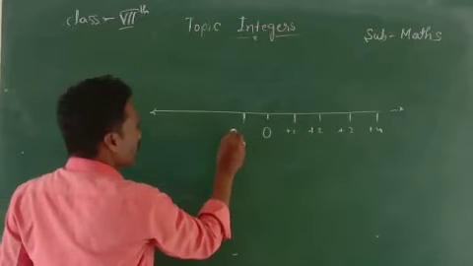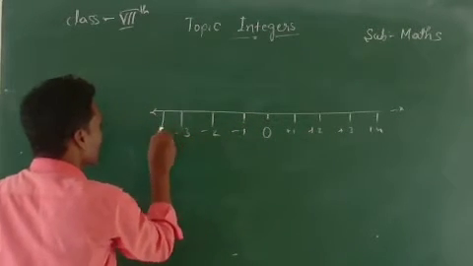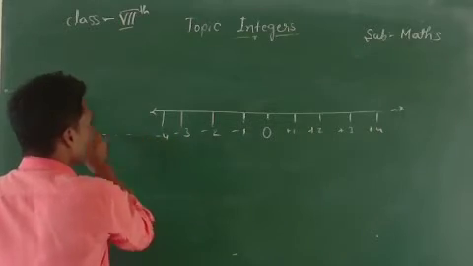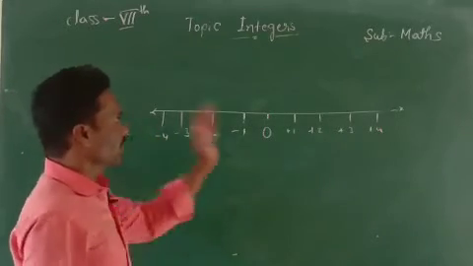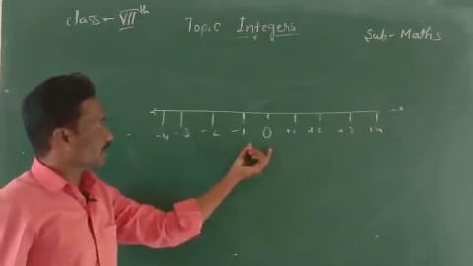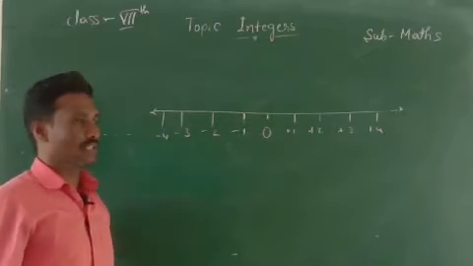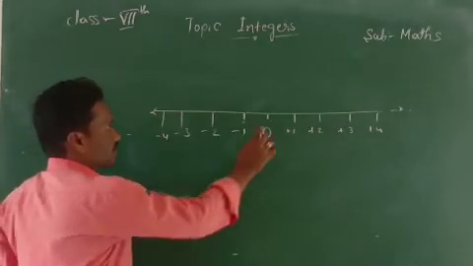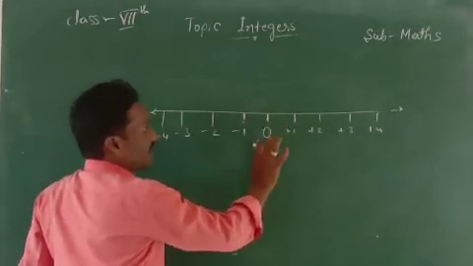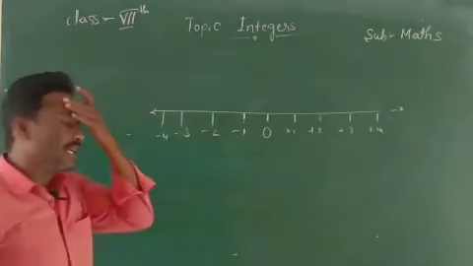And here minus 1, minus 2, minus 3, minus 4, it will continue like this. Either side we can extend infinitely. So this is the number line on which we represented the integers. The right side of 0 is positive and the left side of 0 is negative.